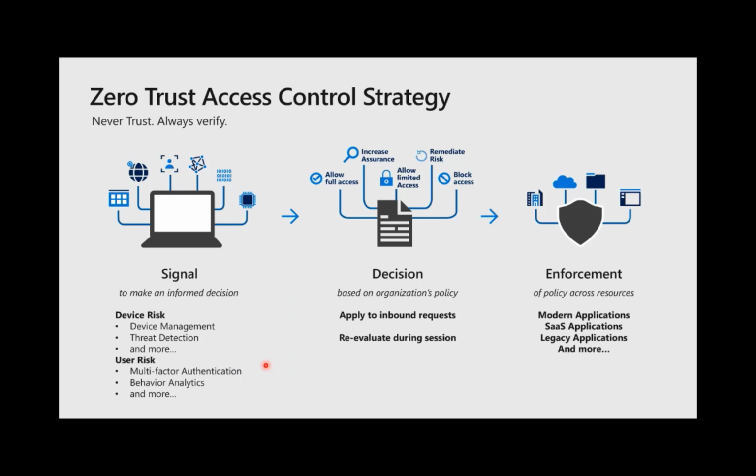And then you have to define the decision. You are getting these kinds of signals from the devices, identity, and logins, and then you have to decide how you want to protect them. You really want to evaluate each session. Let's say you want to allow the access or increase the assurance.